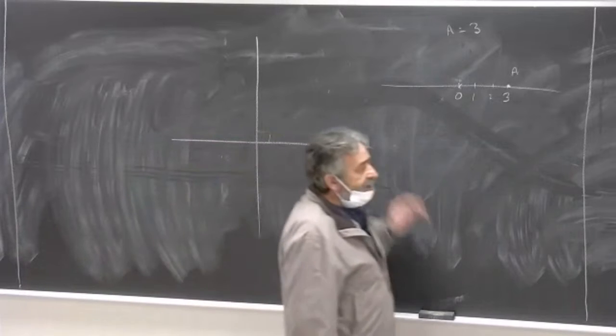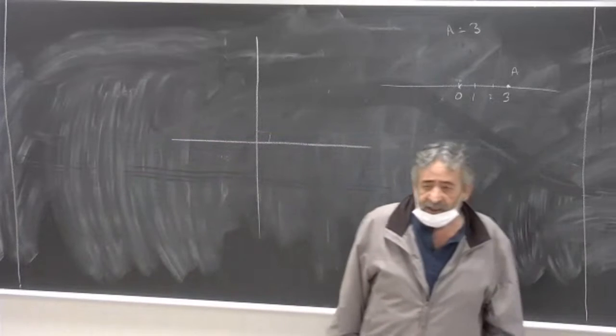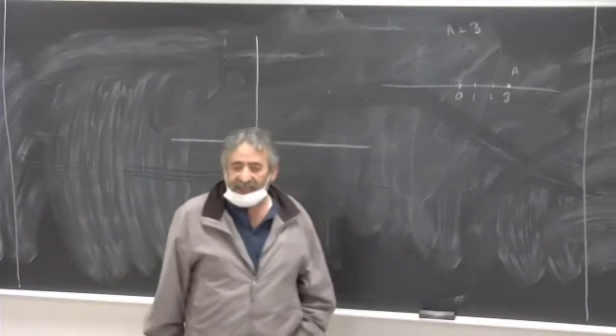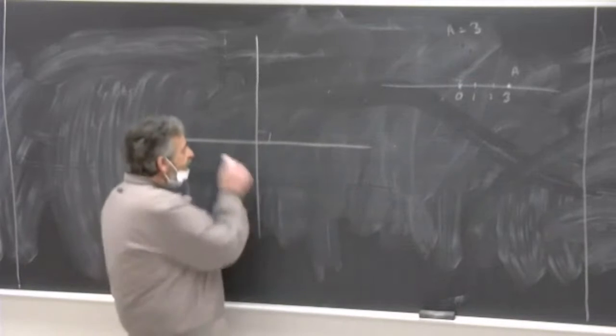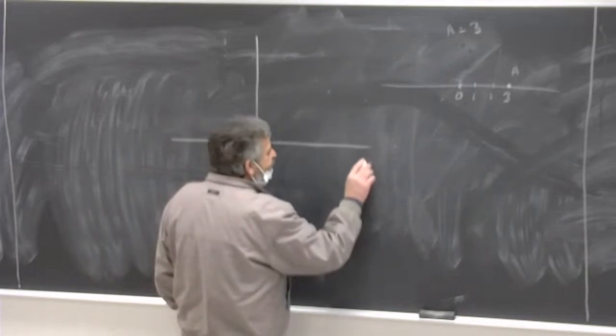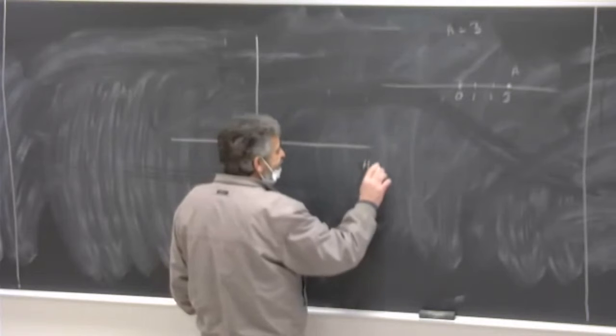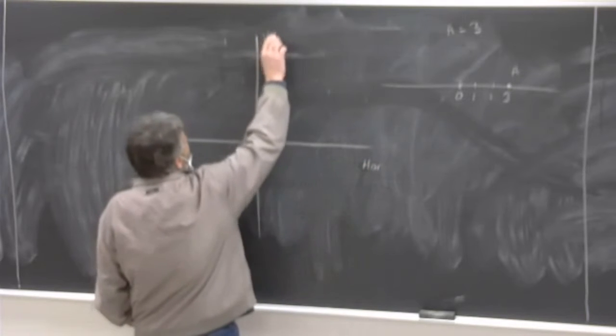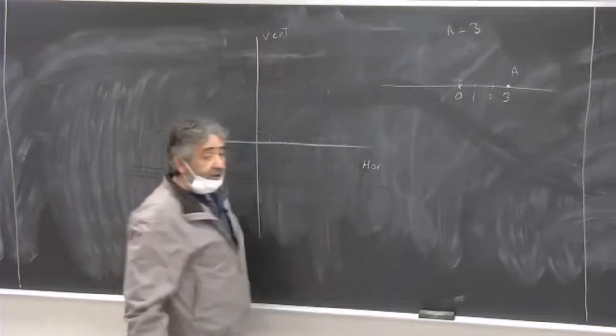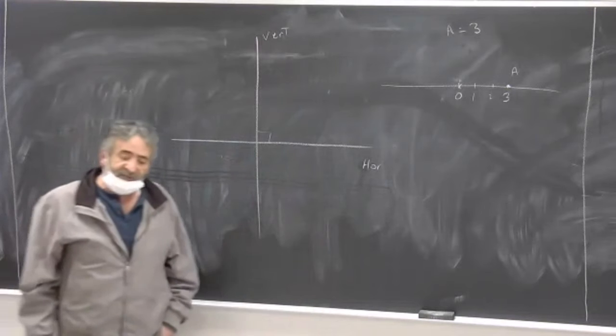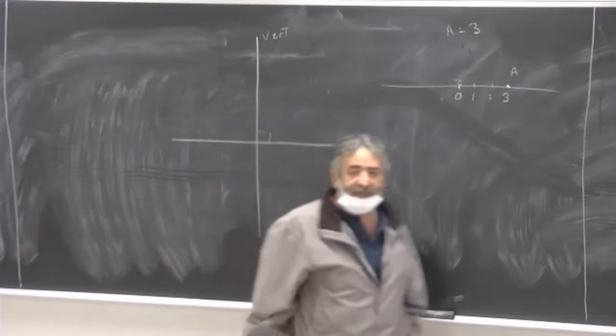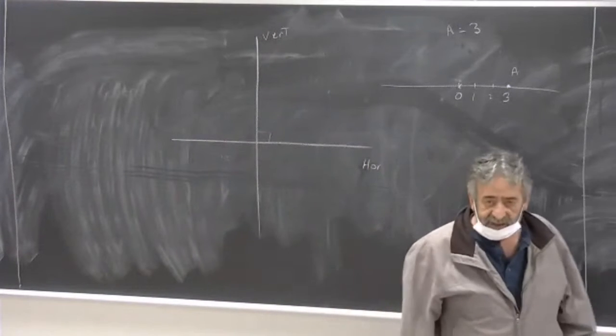Now, when we're looking at the rectangular coordinate plane, we do have two real axes. We have one axis that is horizontal on this side, and one that is vertical on this side. So when we graph a point, we are locating that point in two dimensions.